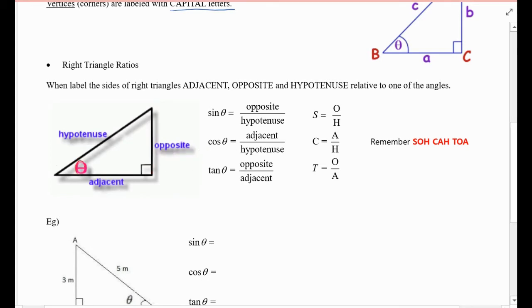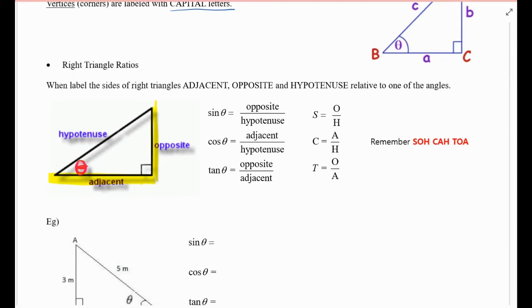And again, we have theta, and this side is attached to theta. It is the adjacent side. So this side is called adjacent, and this side is opposite.